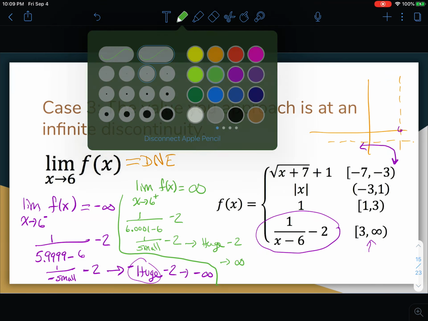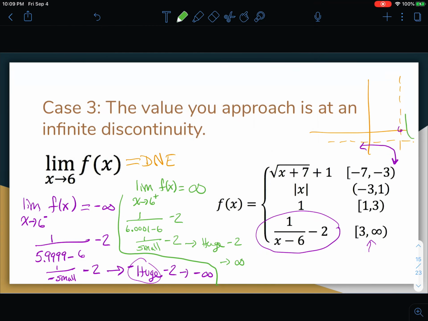And then when I zoomed in from the right, I'm getting closer and closer to positive infinity. So the end behavior we're seeing here is this and this, which are not approaching the same value. This is actually an infinite discontinuity. So at the value of 6, as I'm approaching from both directions, I'm going totally different spots here, okay? One infinity, one negative infinity. So the two-sided limit would not exist as we approach 6.